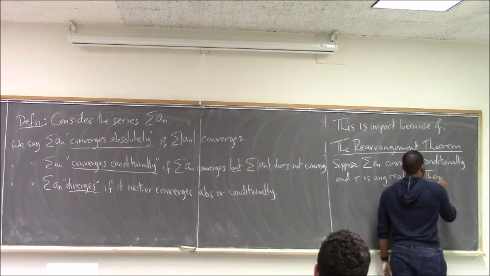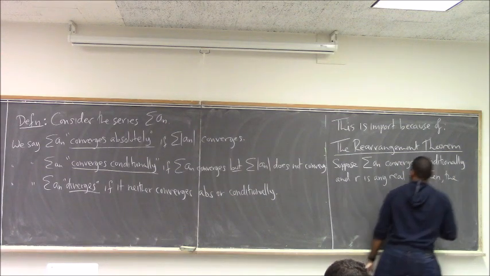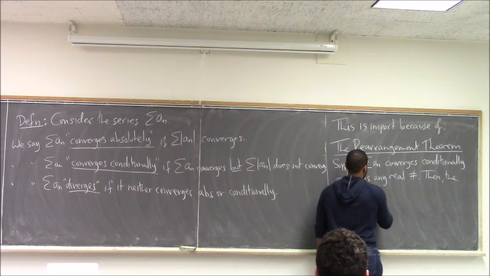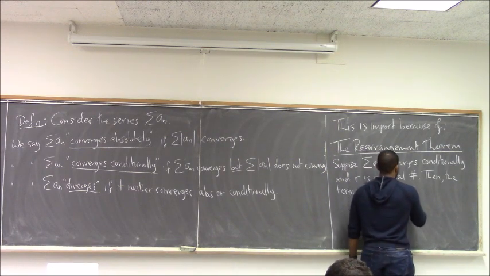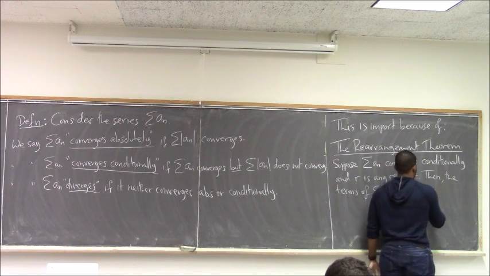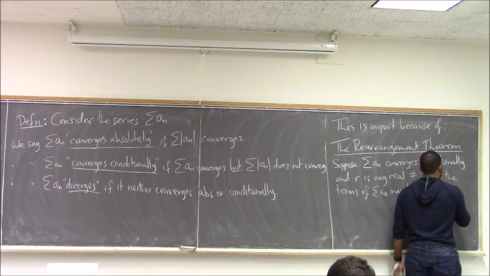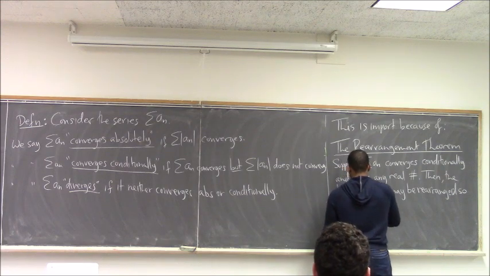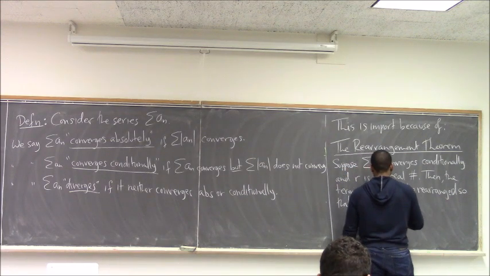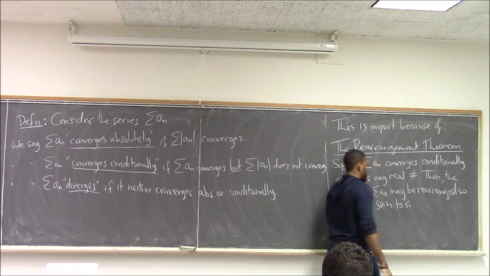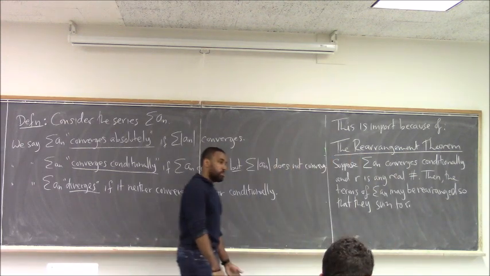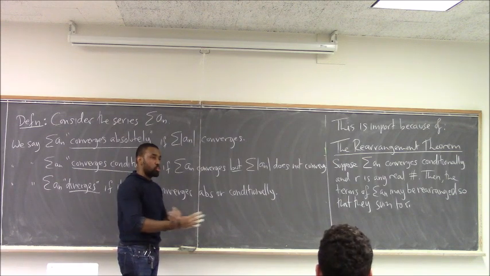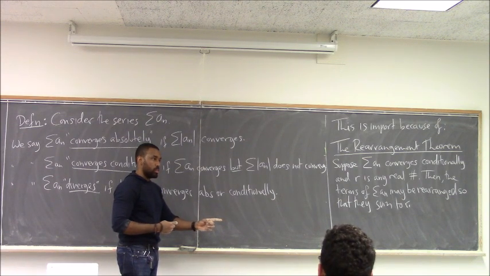Then the terms of AN may be rearranged so that they sum to R. In other words, if I have an infinite sum, it's possible to get a different answer if I just rearrange the order in which the things appear, right?